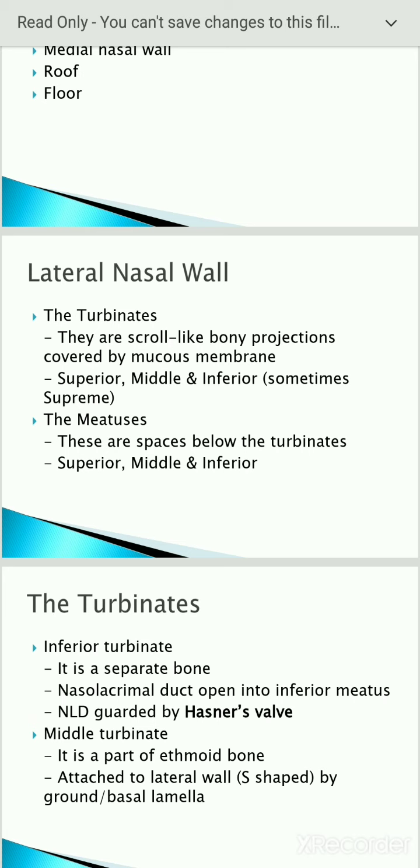What are turbinates? They are scroll-like bony projections covered by mucous membrane. There are 3 turbinates, usually inferior turbinate, middle turbinate and superior turbinate, sometimes supreme.